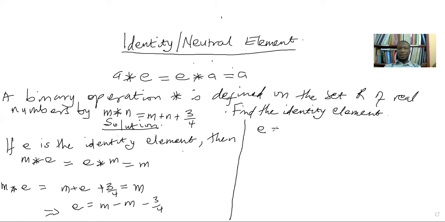Then that means our E will be equal to M minus M, which is 0, so negative 3/4. And that becomes our identity element. Then let's move on to the inverse element.